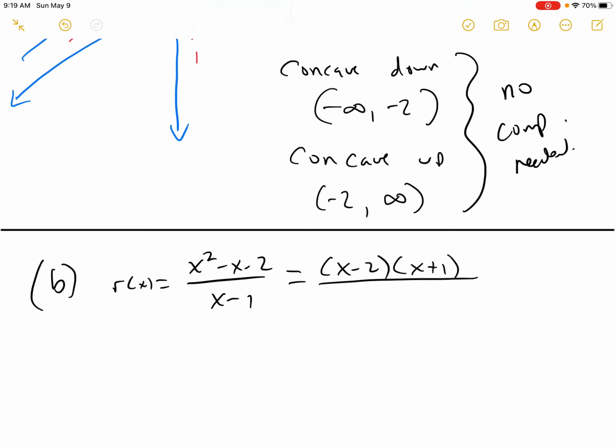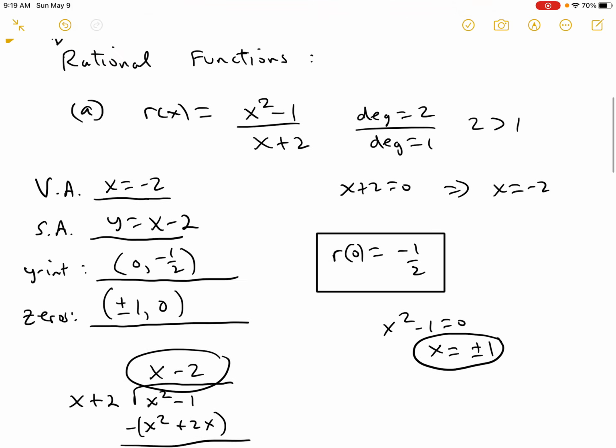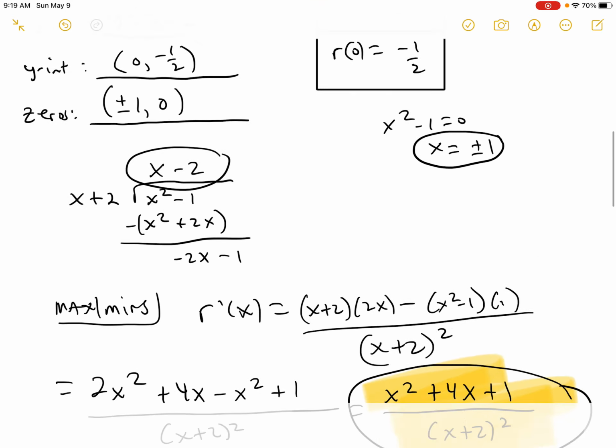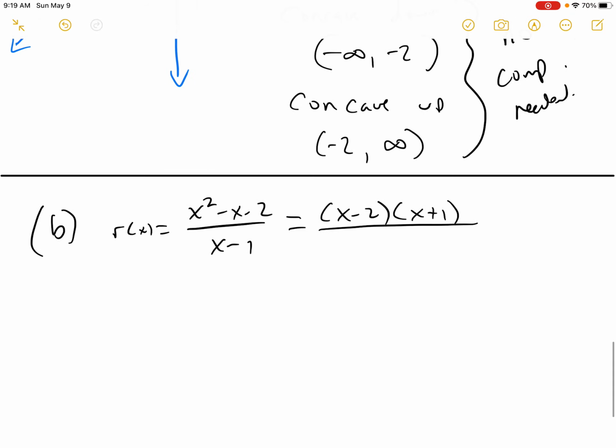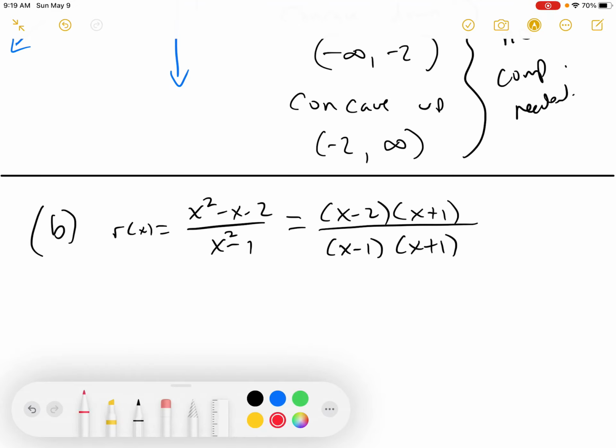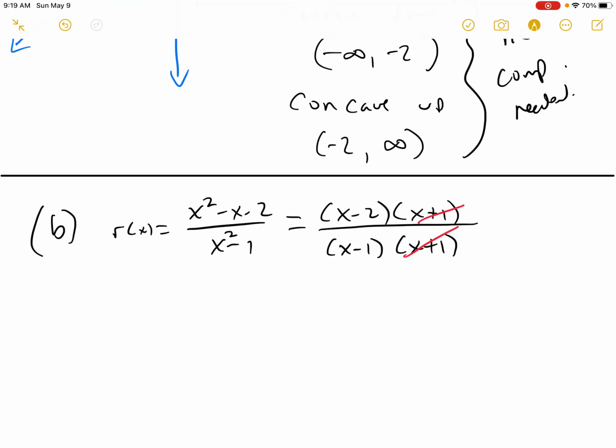Is that right? No, it's x squared. I didn't do 2. X squared minus 1, not x minus 1. Okay, so first of all, right away you see one thing's for sure. These cancel.